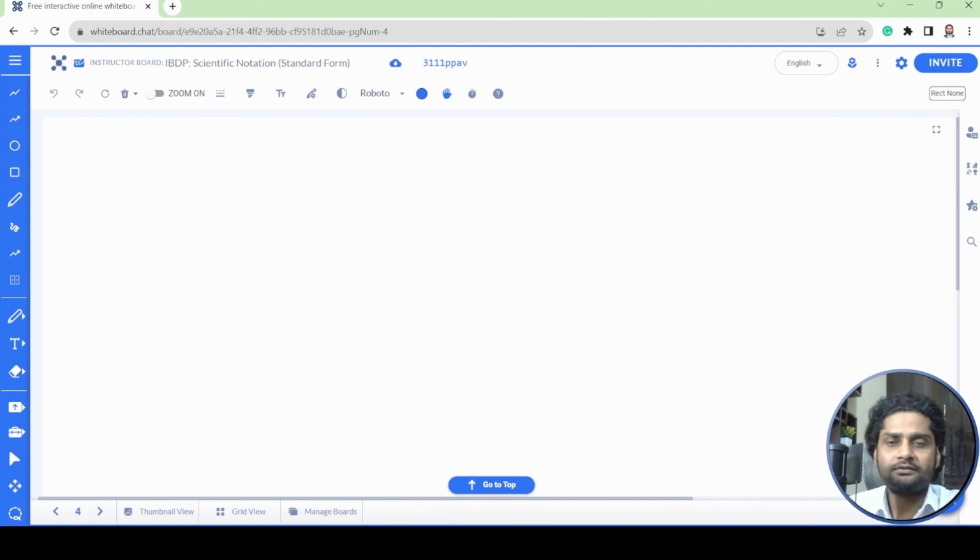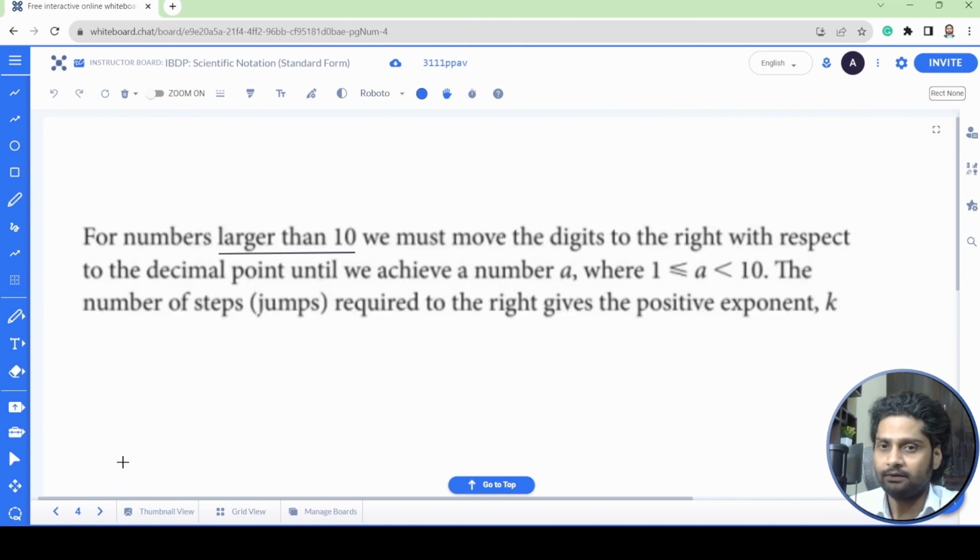Let's begin with numbers which are very big. Obviously it can be very small or even a simple number as well. If the number is larger than 10, there is a specific method that we have to follow.